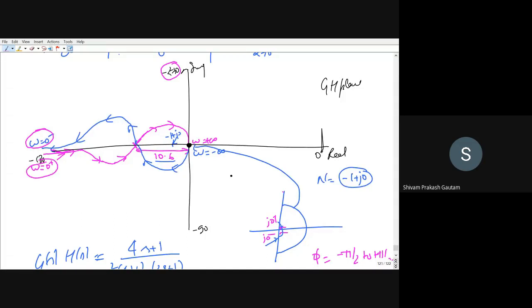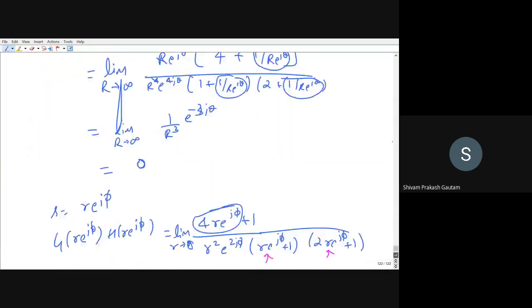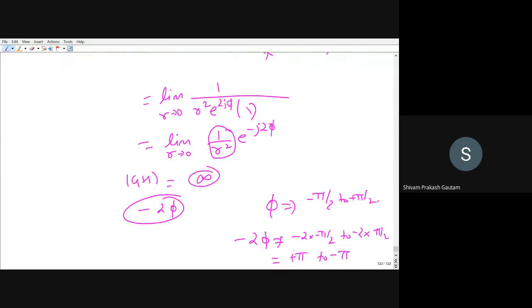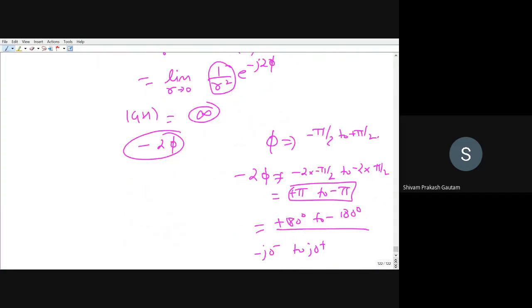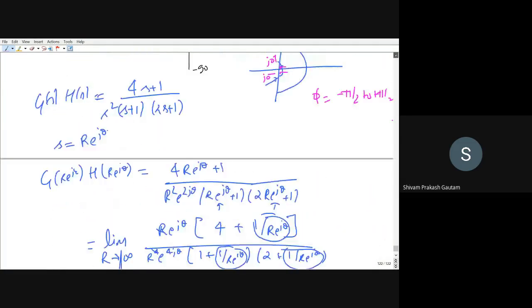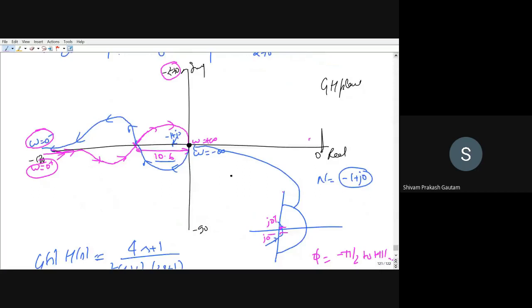And what is the orientation? It is having the magnitude of infinite, and orientation is plus pi to minus pi, or plus 180 degree to minus 180 degree. Plus 180 degree where? This is 0 degree, this is plus 90 degree, this is plus 180 degree, this is plus 270 degree.